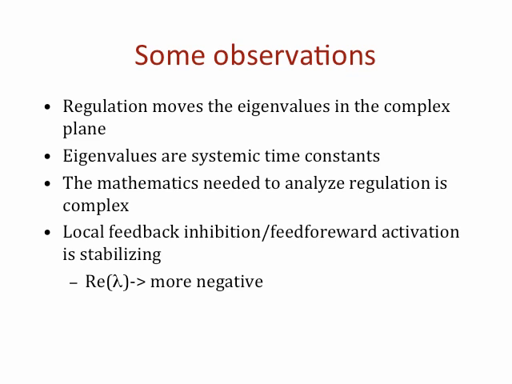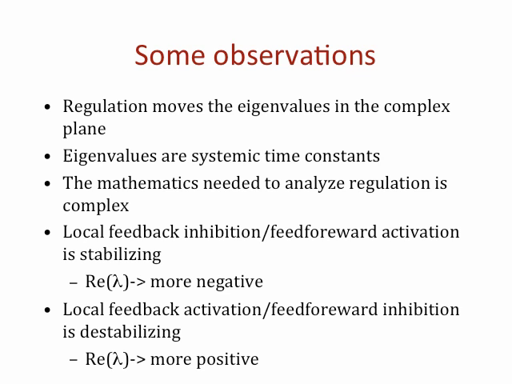I should state again that local feedback inhibition, or equivalently local feed-forward activation, is stabilizing. It makes the real part of the eigenvalue more negative. The opposite is true for local feedback activation or feed-forward inhibition.